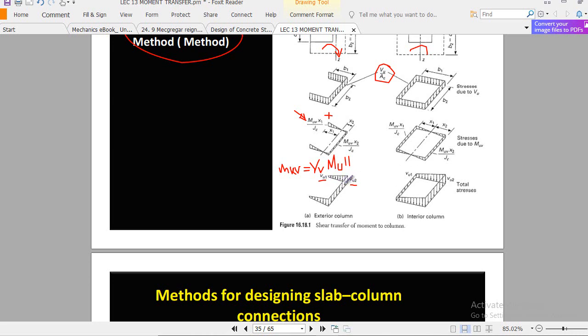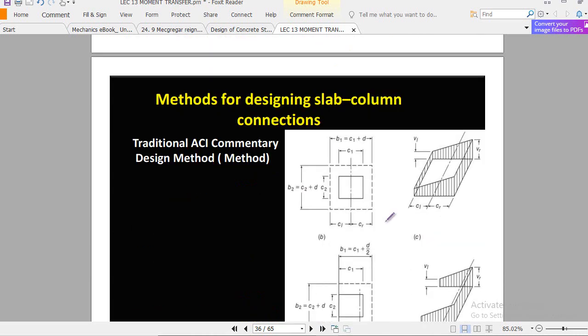So different books use different notation. We will understand this in examples. Similar in the case of the interior column, here it is now denoted by VR, and here it is denoted by VL.